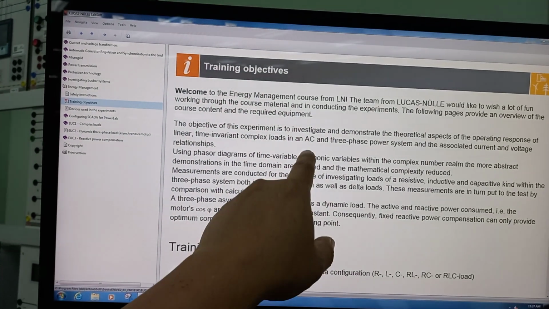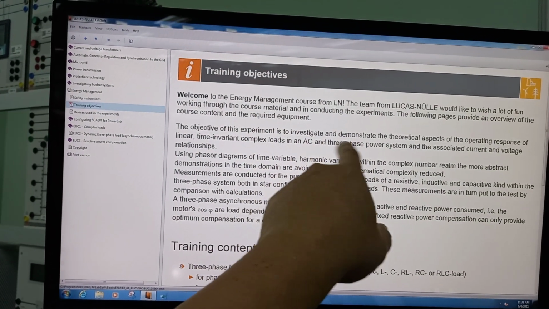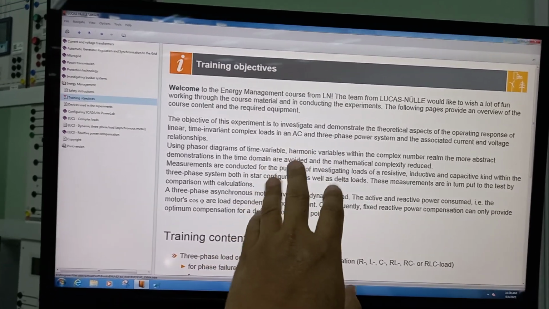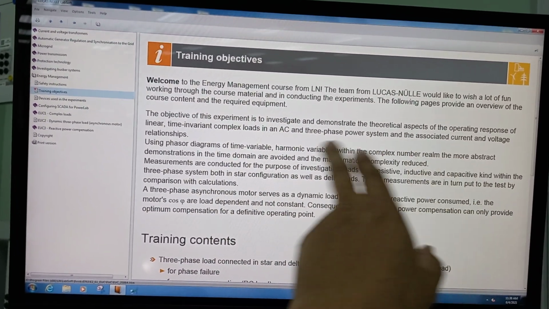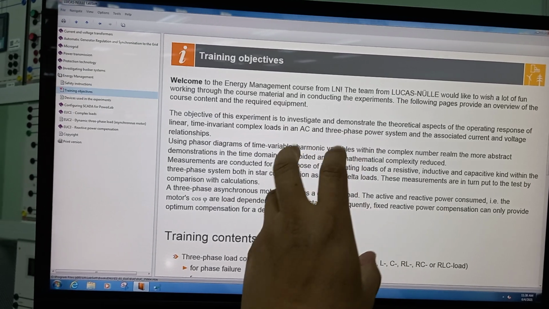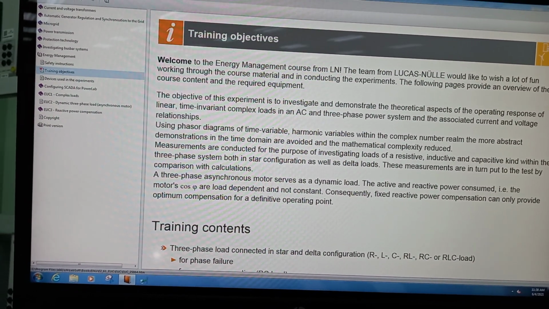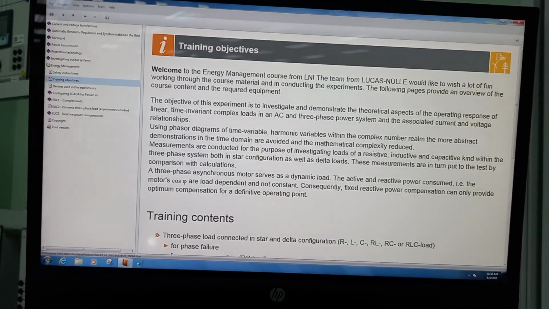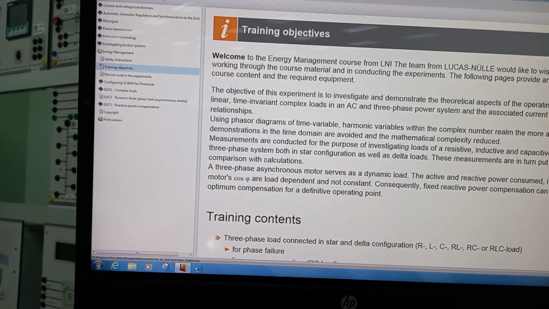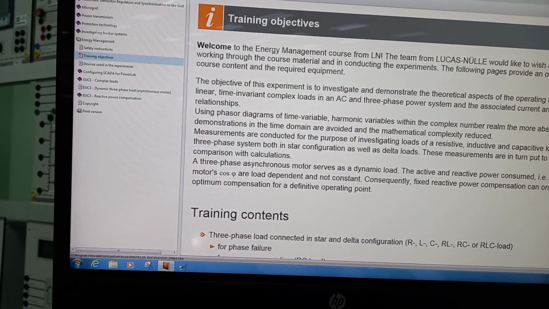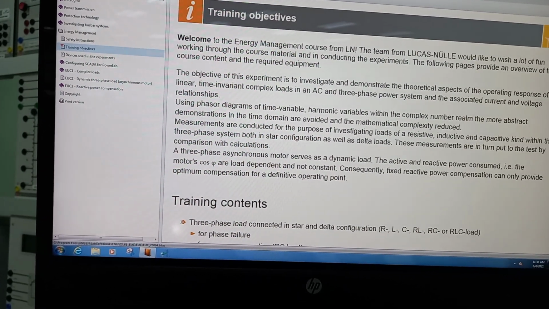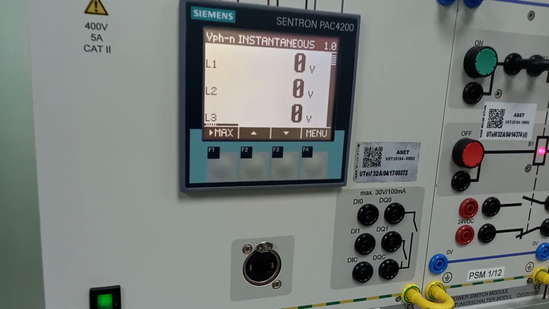So this is the main idea for working in this particular experiment. Basically, we would like to realize from a theoretical aspect and see the response by monitoring using this equipment.